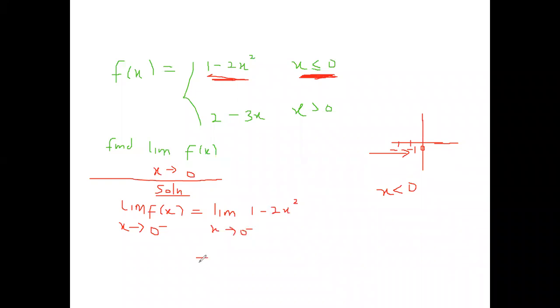And this will be, you see, it's a polynomial function, so we'll just evaluate. The trick here is identifying what domain is needed. Once you find a domain that is needed, select the function on that domain.